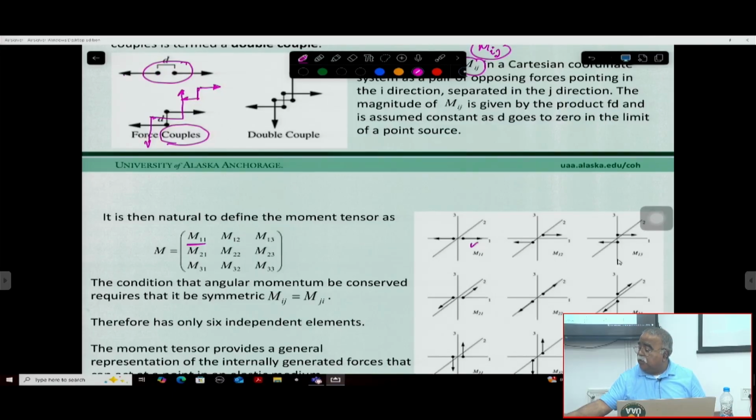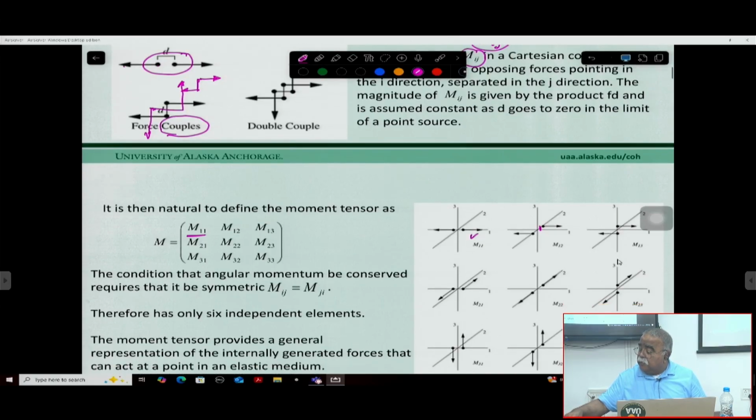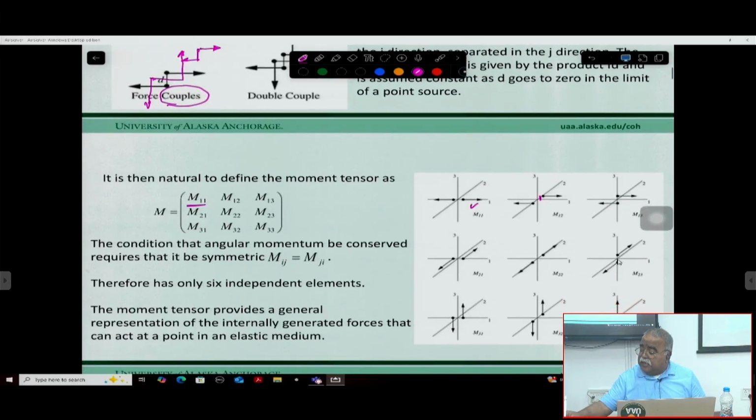Then there is M12, because the force is in direction one, separated in direction two. Then there is M13, and you can calculate M21 and so on. These are the pictorial representations, and these all create the moment tensor, which is your M.